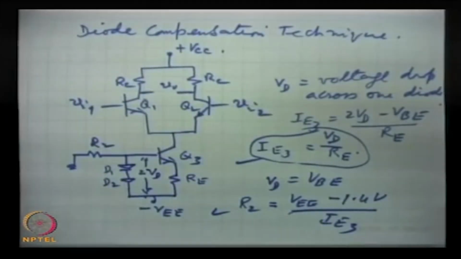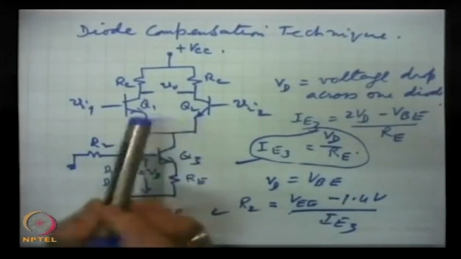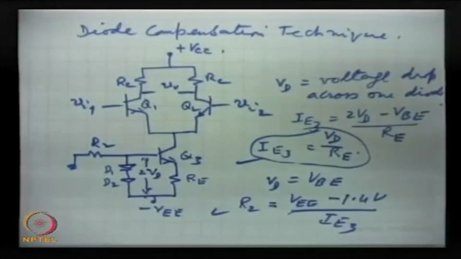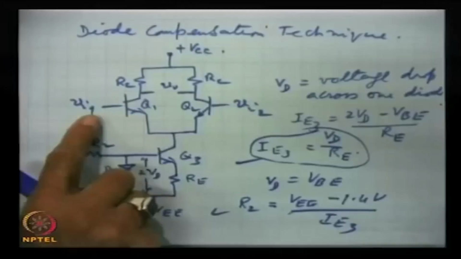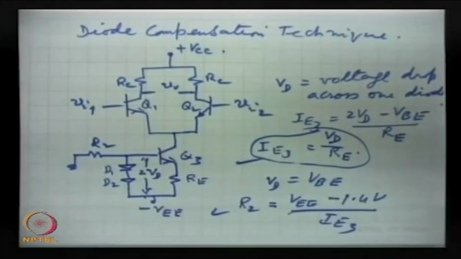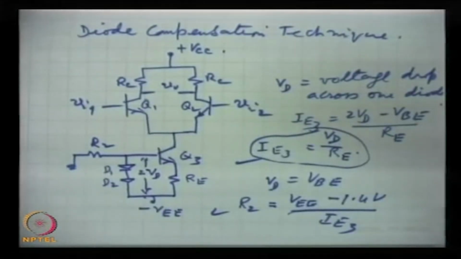So, the process is very systematic and computer controlled. In spite of all that, some differences may occur, and they do, between the two transistors' characteristics, and this compensation is not 100%. That means any signal which is common to both being 100% absent is the ideal situation. It is not the practical thing.